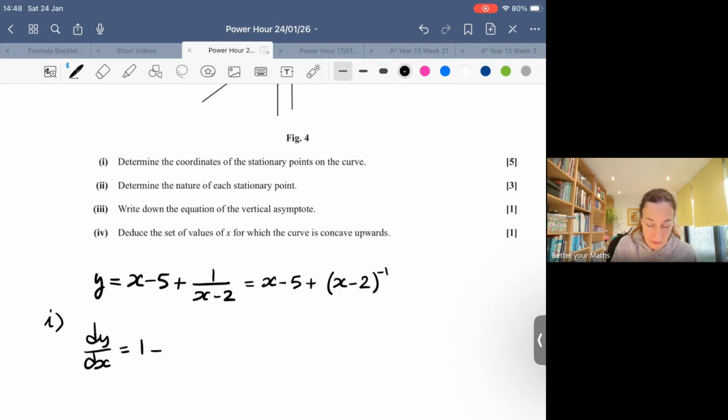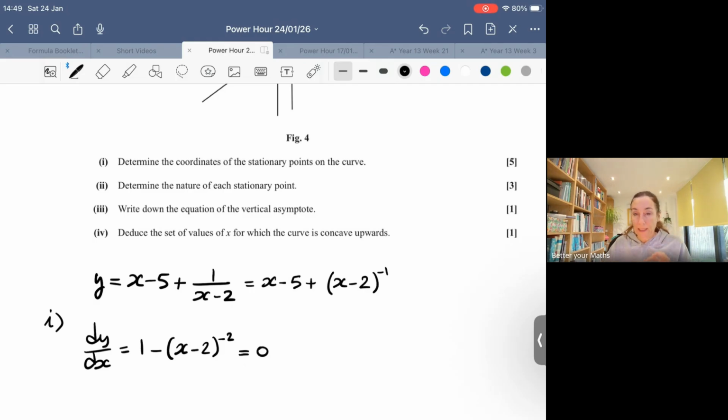So minus 1 to the front, x minus 2 to 1 less, and then the derivative of x minus 2, which is 1. So I'm not going to multiply, you're multiplying by 1, I'm not going to write that. But if I have a 3, for example, I will be multiplying by 3. So if it's 3x, I will multiply by 3. So that's your derivative. I'm going to make this equal to 0.